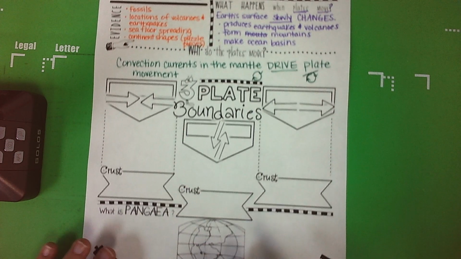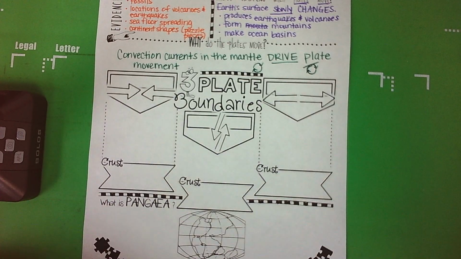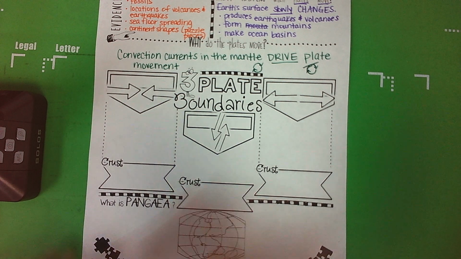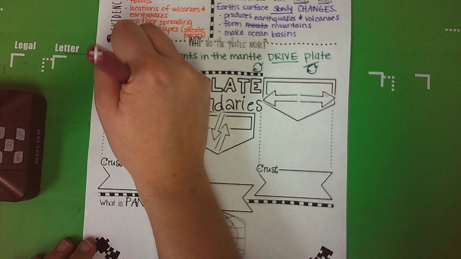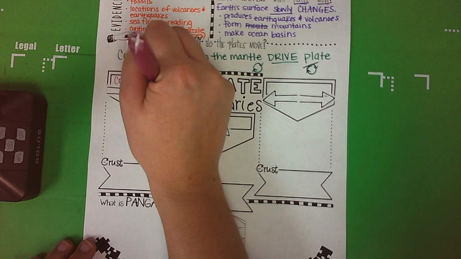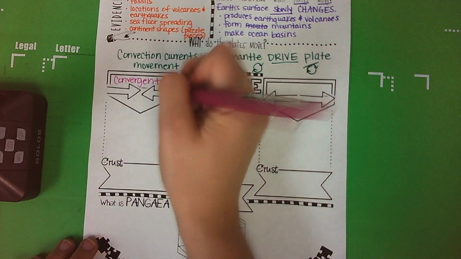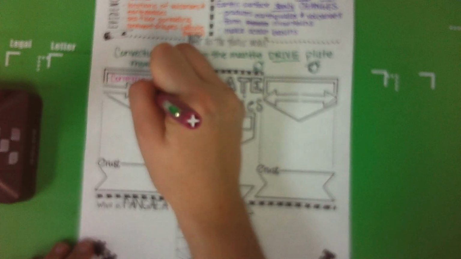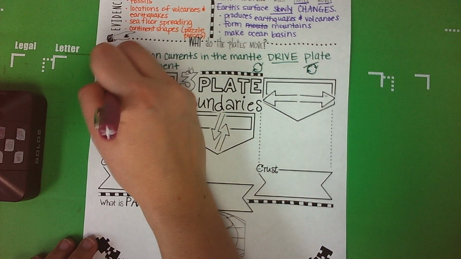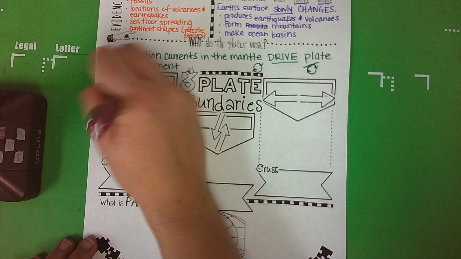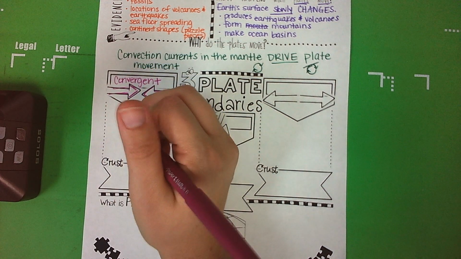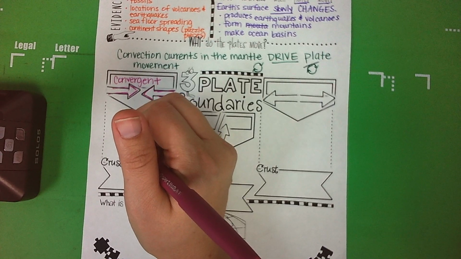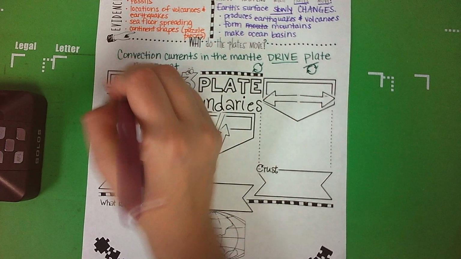Alright, so there are 3 different types of plate boundaries to keep in mind. So first we're going to go over here where these arrows are, and we're going to talk about convergent boundaries. Okay, convergent, as you can see, is where the plates are moving towards each other. Okay, so what can happen when the plates move towards each other?